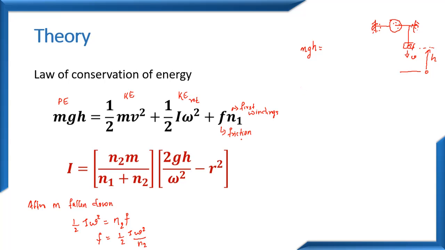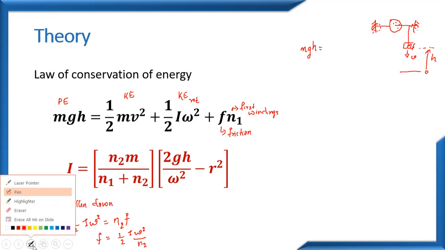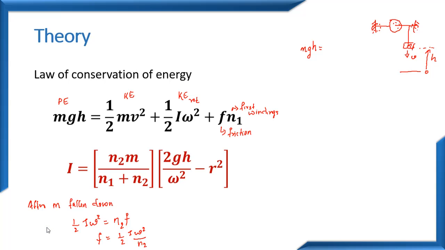Let me derive this for a while. So what I have here is mgh. So mgh is equal to half m v square. Again, we know that the linear velocity v is equal to r into the rotational velocity omega. So v square will be equal to r square omega square.